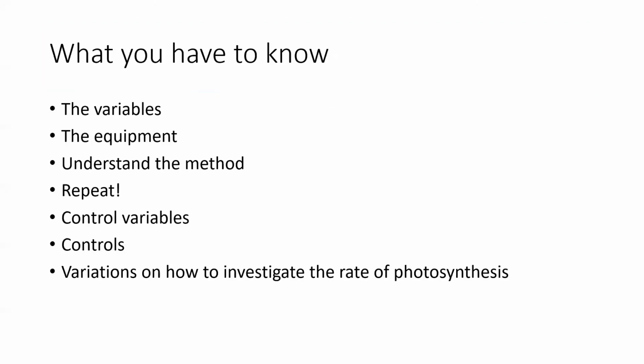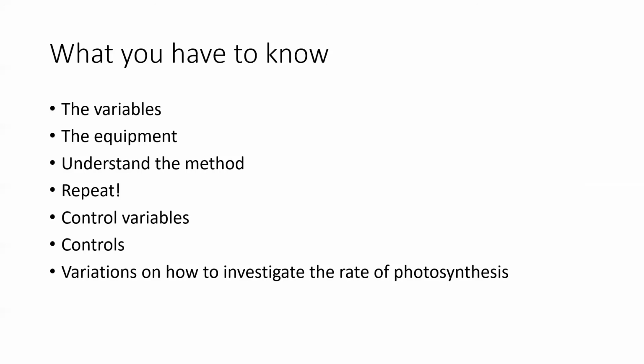So clearly, what you need to know for any planning of a method is you need to know the variables, you need to know the equipment linked to those variables. This then gives you an understanding of the method, and hopefully a diagram is always key to help you to understand that further. You always need to know when you're collecting results that you're repeating for that one and calculating a mean, and then you repeat for anything that you're changing within your independent variable.